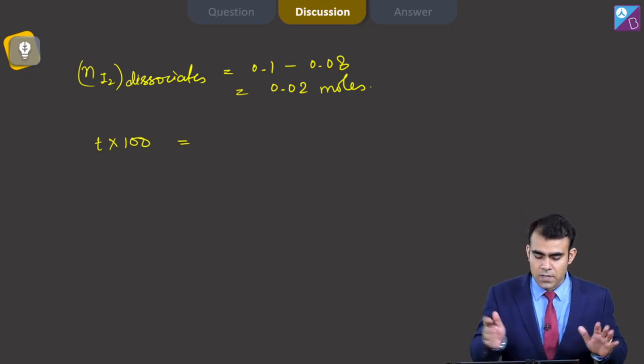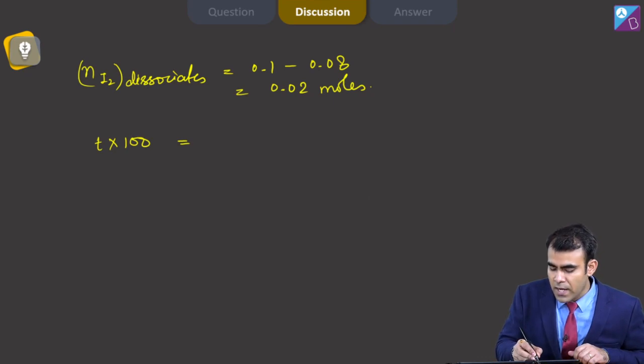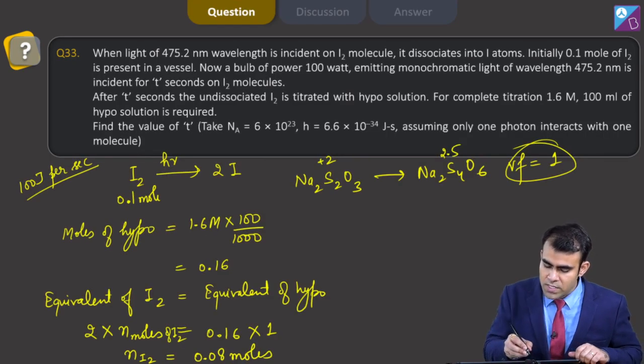You have studied it in atomic structure that it is nhc by lambda, and n is the number of quanta. Now quanta here is 0.02, that is the number of moles, into Avogadro number, and the Avogadro value that is given to us is 6 into 10 to the power 23.